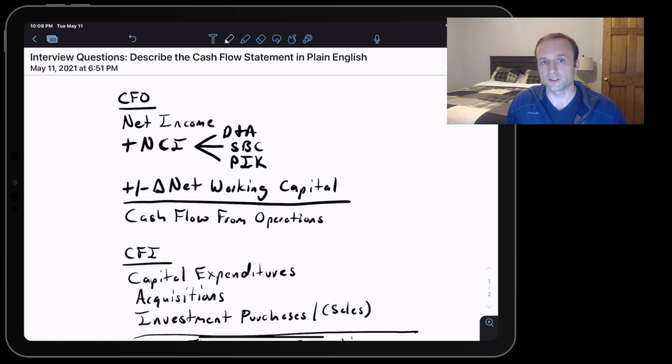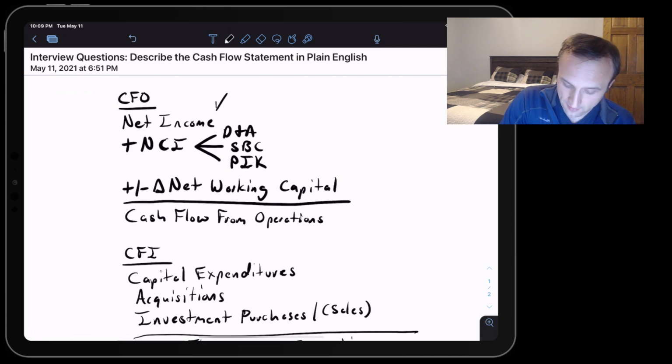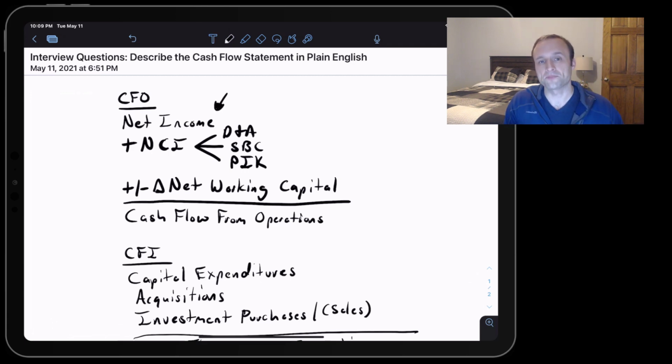Let's start with the first section, and as I said, I'm going to start with a technical explanation and then we'll zoom out to a bigger picture plain English explanation. To start with, we have net income. Net income is the accounting profit of a business, and it incorporates all operating costs, all capital structure costs, so your debt and your equity, your taxes, and so on.